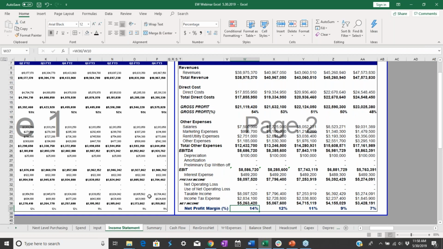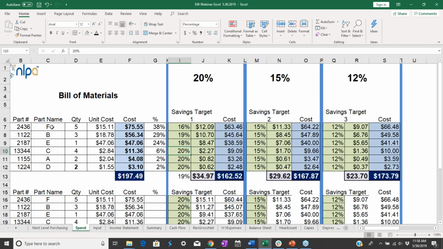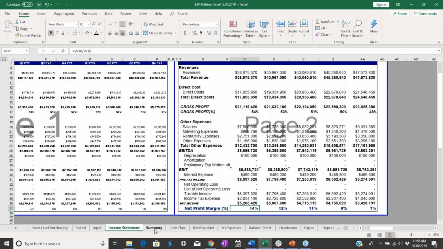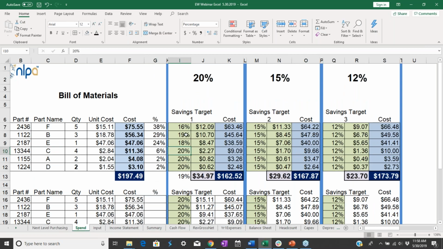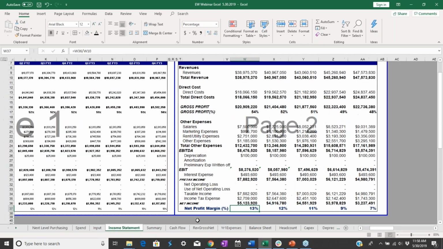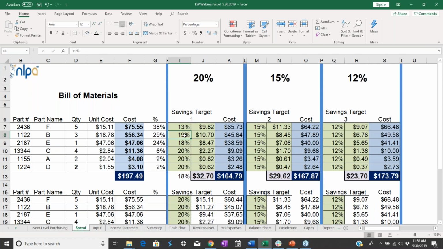So even though we took a hit on product F, and we didn't get what we were looking for, we were still able to meet the requirement. Let's drive this down to 13, and let's see how that looks. 13%, still meeting the requirement. Let's see how this one looks, 15%.